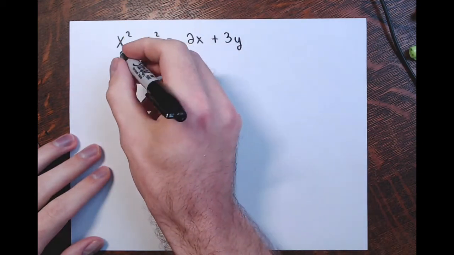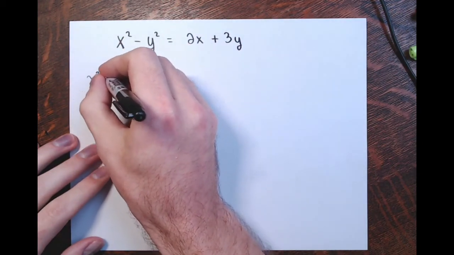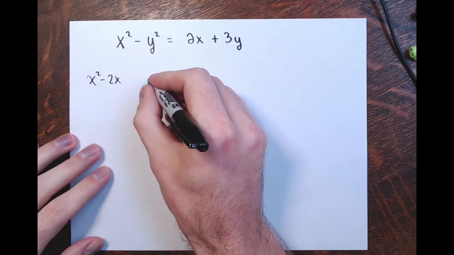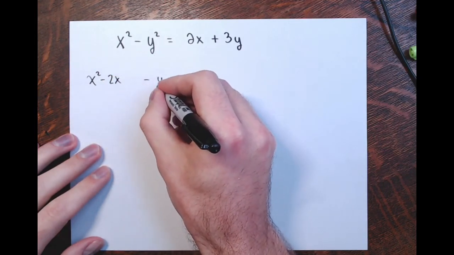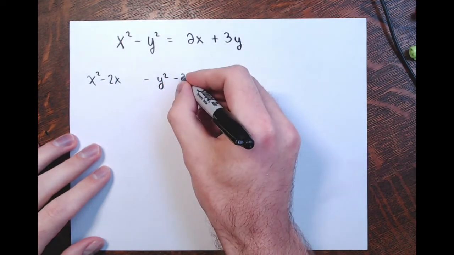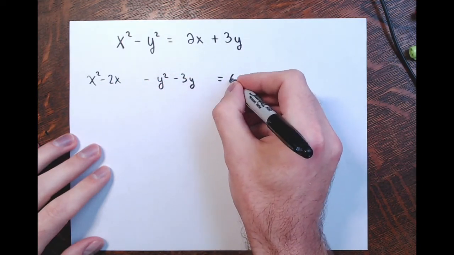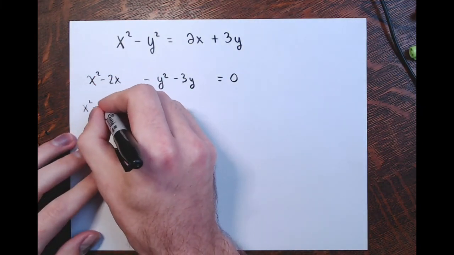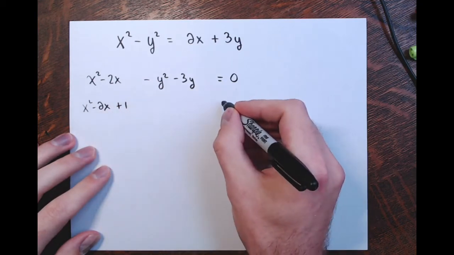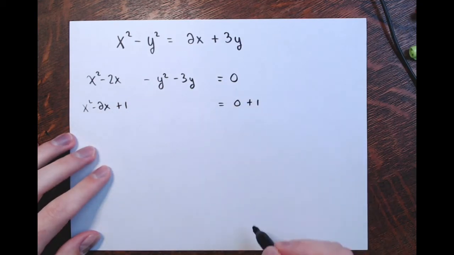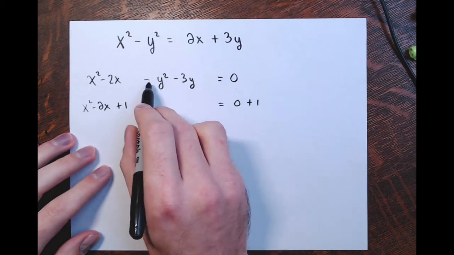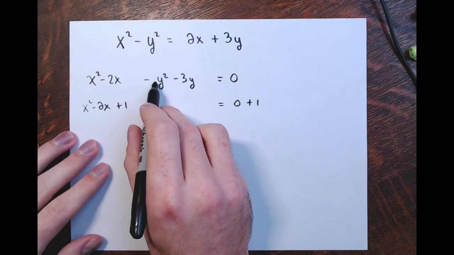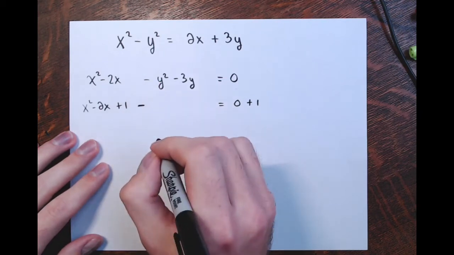If I take x squared minus 2x, leave a little space, minus y squared minus 3y, and have that equal 0, then I can complete the square. For x squared minus 2x, I would add 1 to complete the square. Here I can't complete the square because the lead coefficient is not positive 1, so I factor out minus 1.